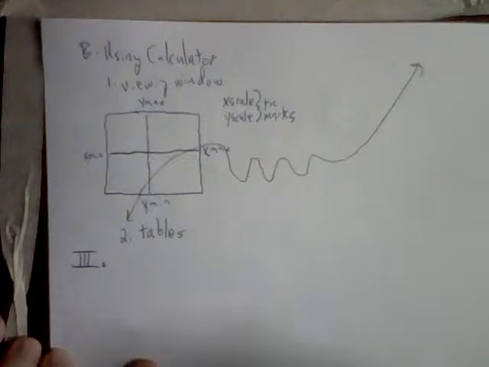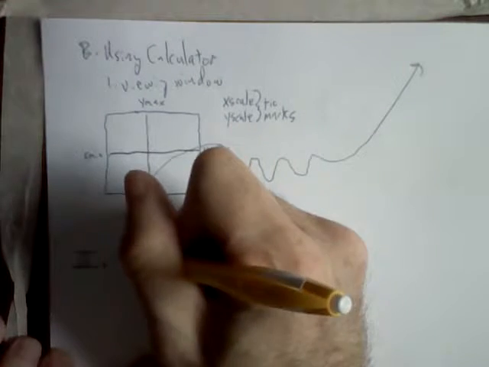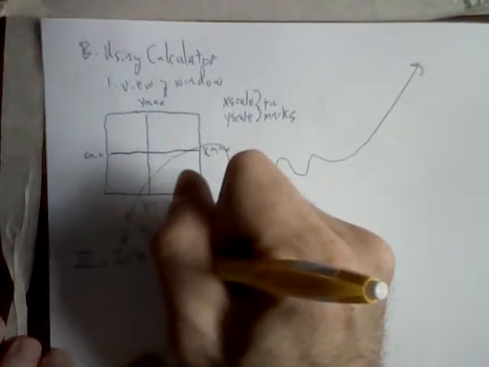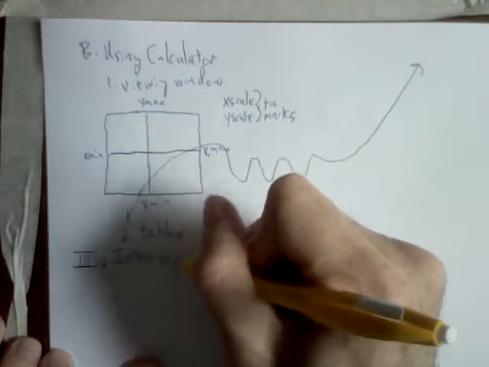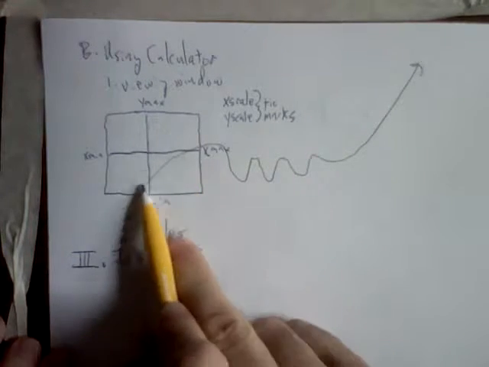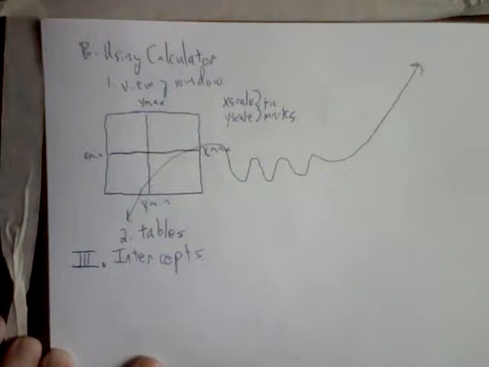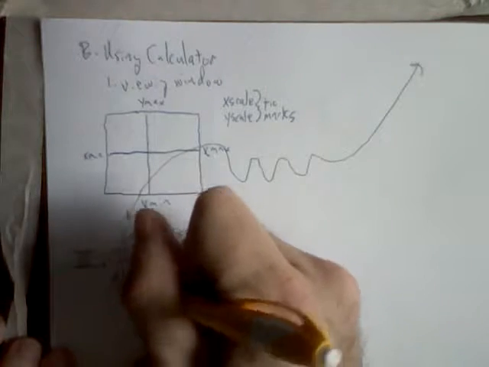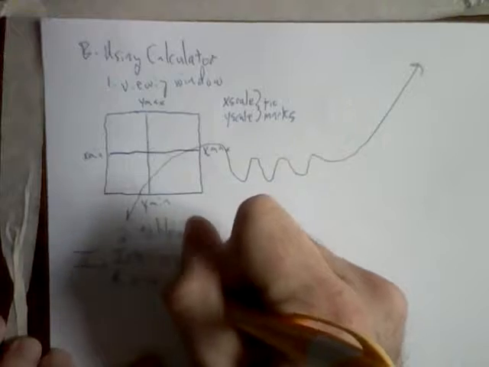One thing in this section is finding intercepts. You can use your calculator to find intercepts. Basically, the intercepts are where the graph crosses the particular axes. We'll work algebraically trying to find these later, but they are introduced here.